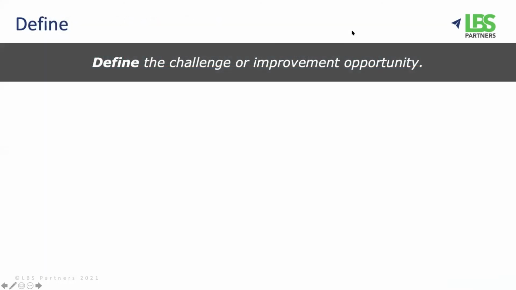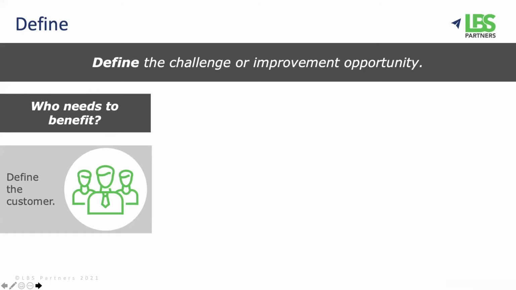So if we look at the purpose of the define phase of the make, it's to define the challenge or the improvement opportunity. To do this on an A3, we'll need to look at three elements. We will need to look at the audience. So who is the customer? Who will benefit from what we're trying to achieve?